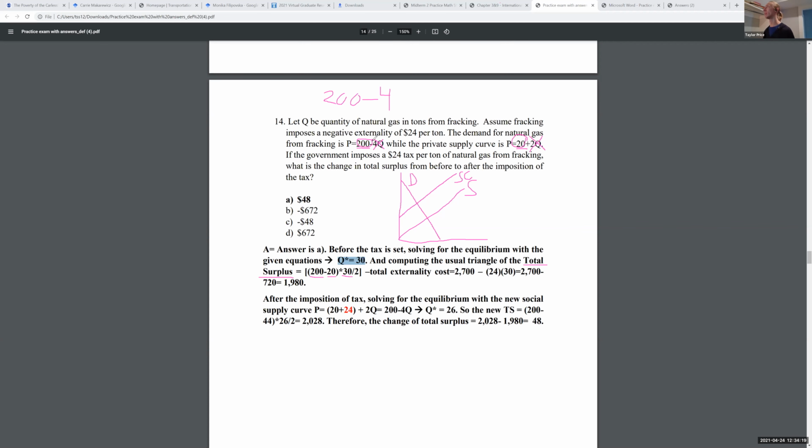Normally we have to set the quantity equal to 0 to find the maximum and the minimum. For this one, you don't really need to do that, because when you set the Q equal to 0, it just gives you the minimum and maximum price. So yeah, that's a very, very important point for this one.